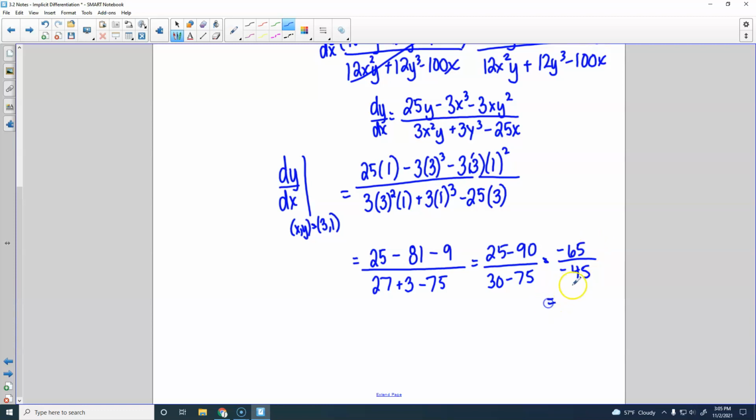And if we reduce, they can divide by 5, so it'll be 13 over, yeah. I enjoy that. All right, there we go. Okay, so, that was disgusting.